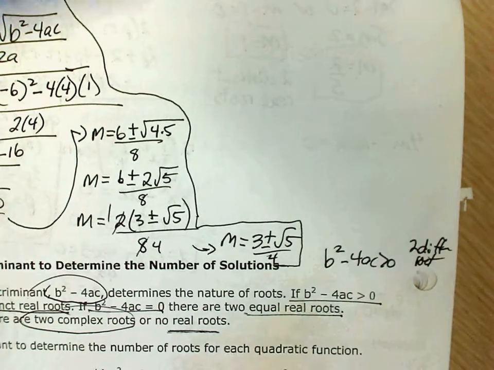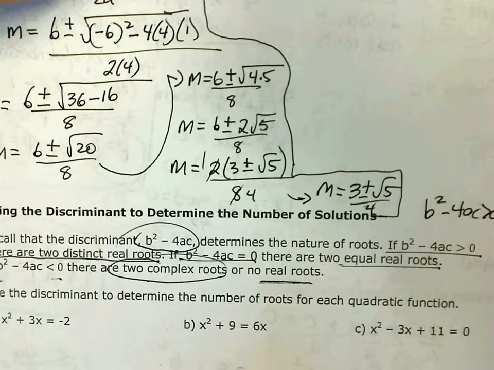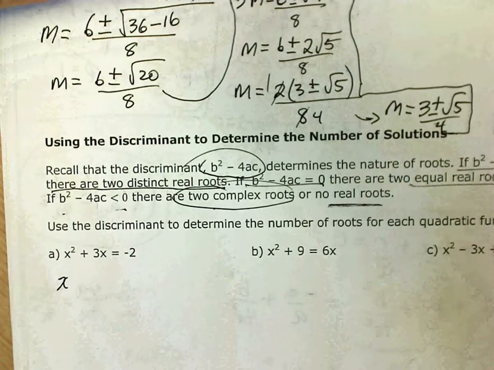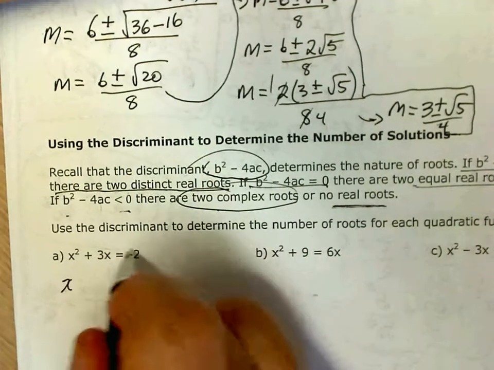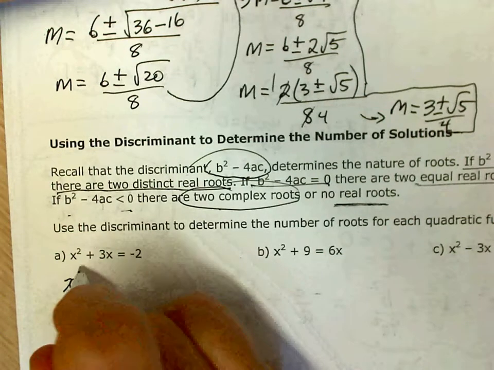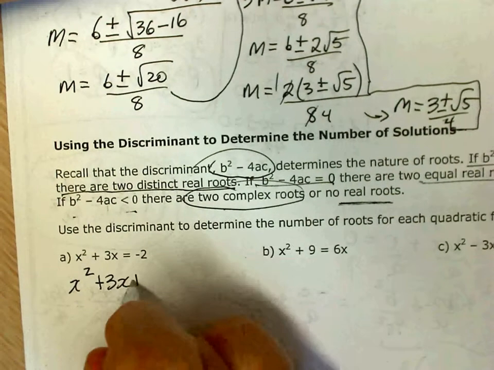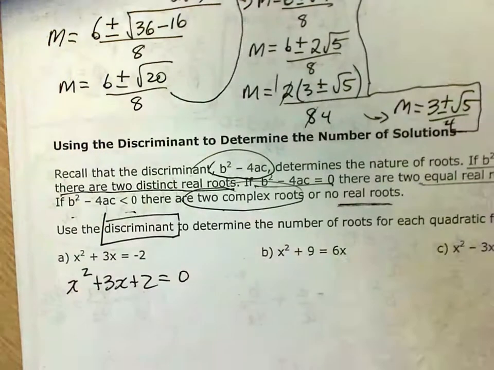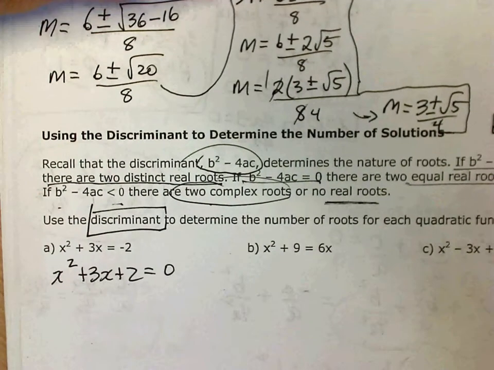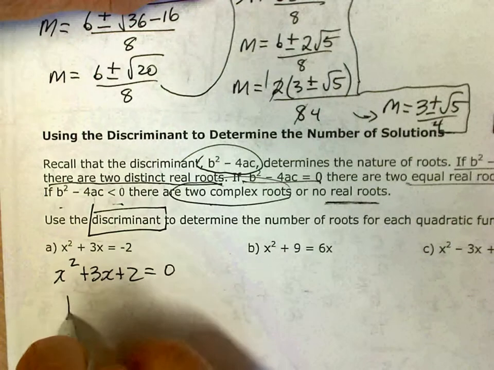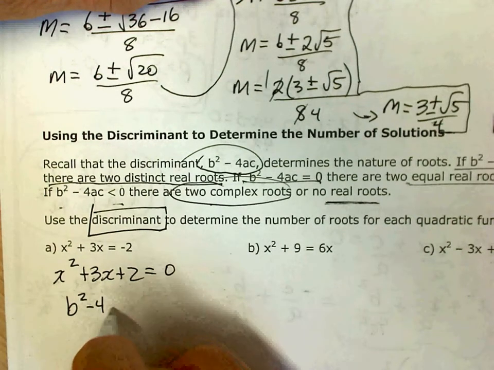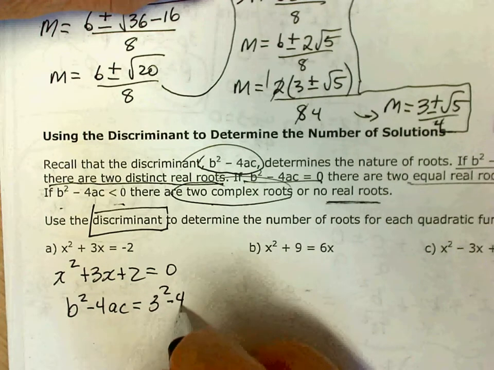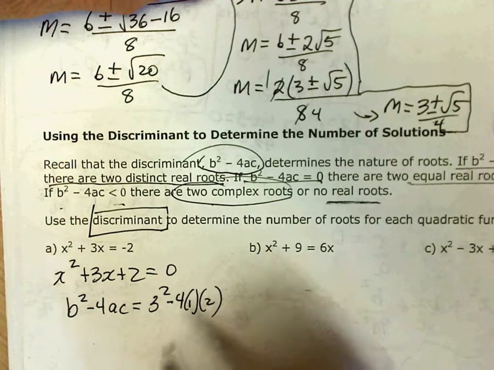So let's do it, okay? Make sure you set one side to 0. So if they say use the discriminant, don't go solving. They don't want you to do that. We calculate b squared minus 4ac equals 3 squared minus 4 times 1 times 2. 9 minus 8 equals 1.